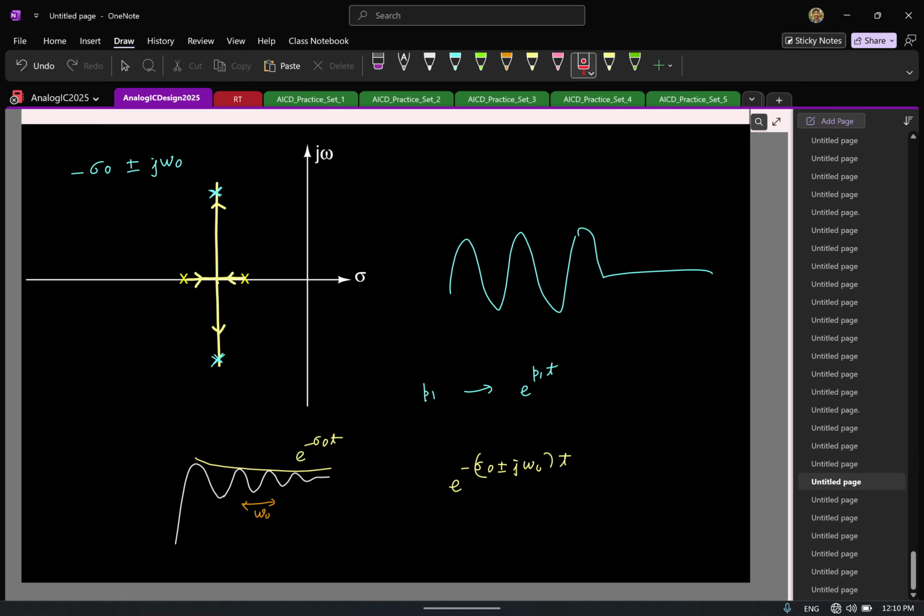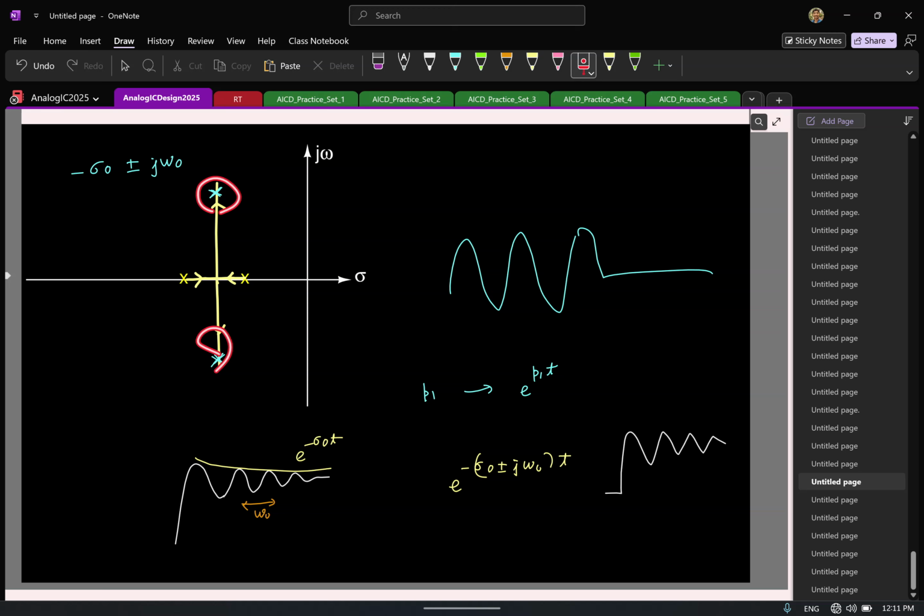So here again we can make a remark. Now you see that if you apply any step and if you apply any disturbance in the system, in principle you can have a lot of ringing like this if the poles lie here. So if you do not want any kind of ringing in your closed loop time domain response, where should you want the closed loop poles to lie?